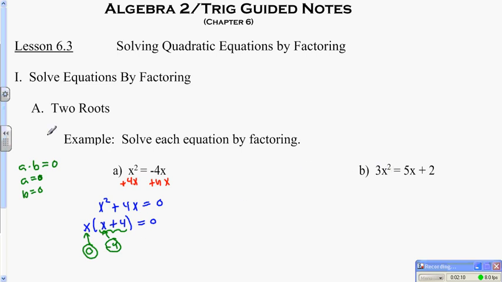The next one over here, we have again a quadratic, but we have two things on the right side. I am going to move both of them to the left side. That would give us 3x squared. We subtracted the 5x from both sides, and we subtracted the 2.